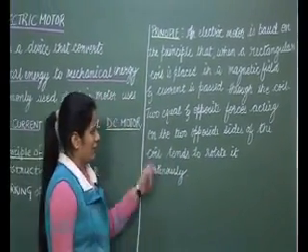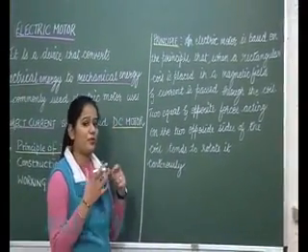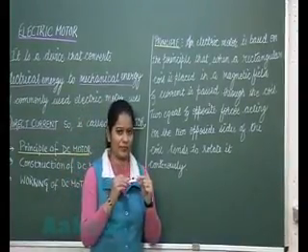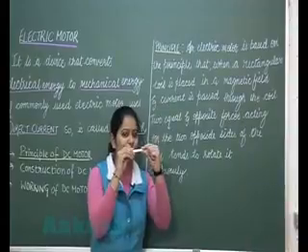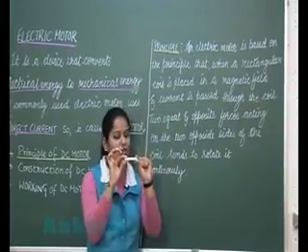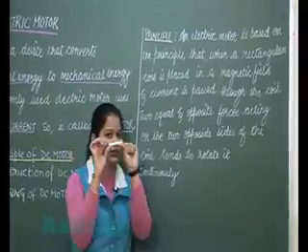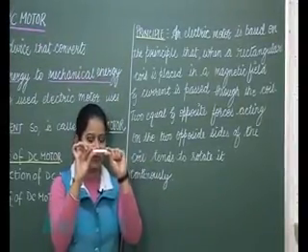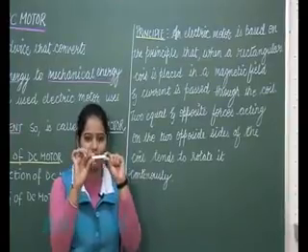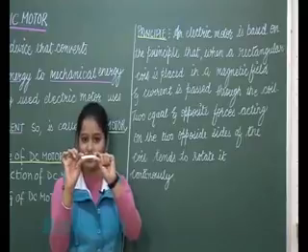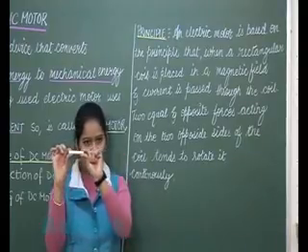Now student, what do you mean by these opposite forces which are trying to rotate the coil? Student, see, if I say the two forces are acting on this chalk piece, one is towards right and one is towards left. Student, if these two forces are equal, the position of this chalk piece remains the same. If the force which is acting towards right is more, then it will move to this side.